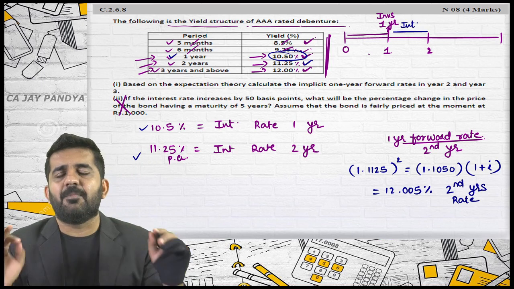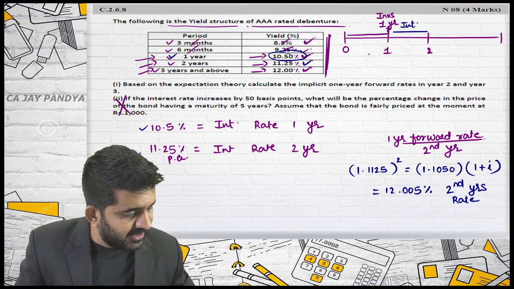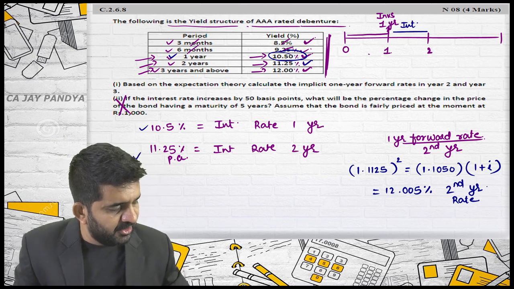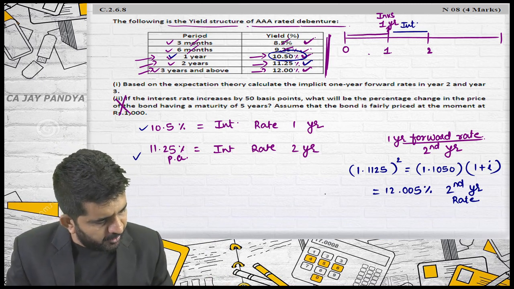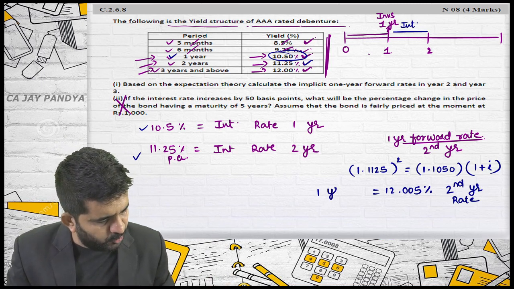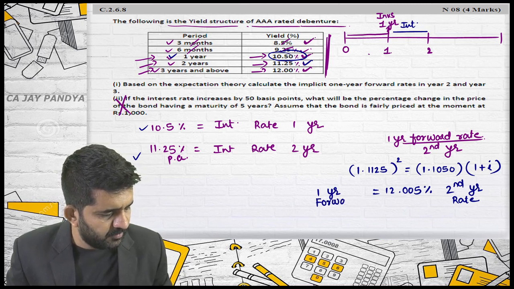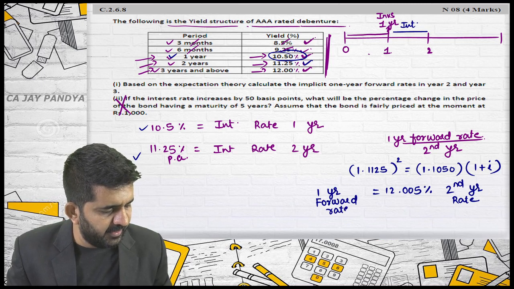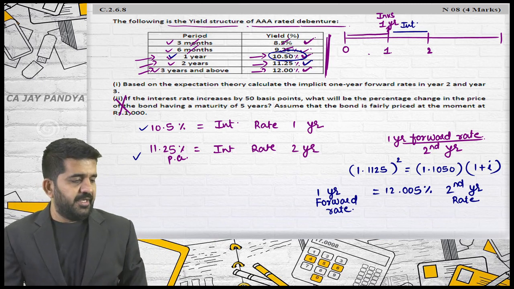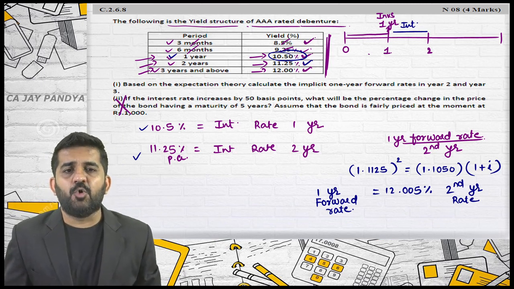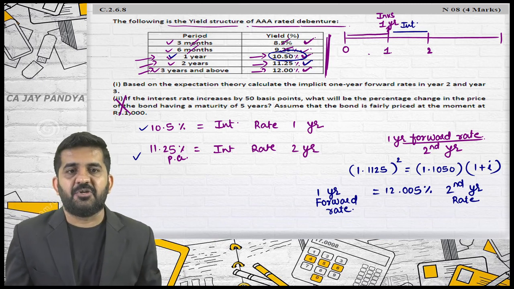See, in this lecture, my concept is just to explain to you what a forward rate is. This is the second year rate, the investment rate, or it is also termed as the 1 year forward rate. Is it alright? Sachin, does this mean that if I want to invest for 2 years, for each year I will be getting 12% interest per annum?